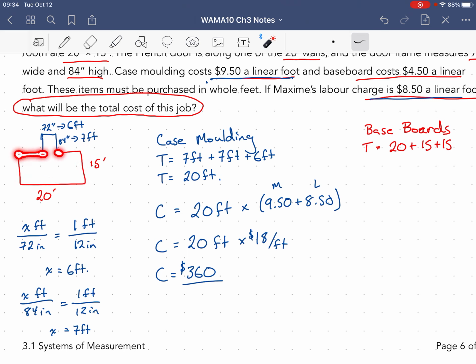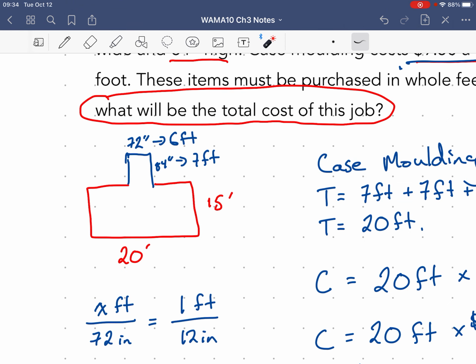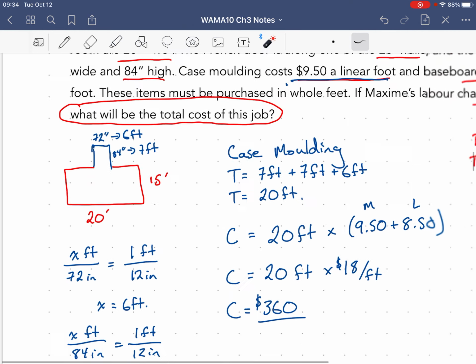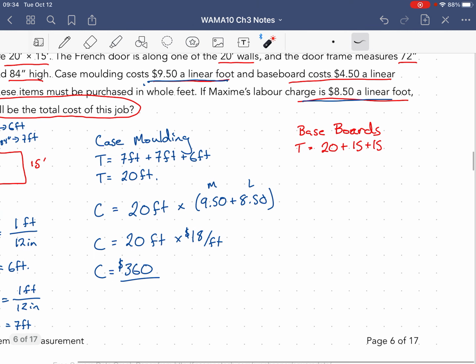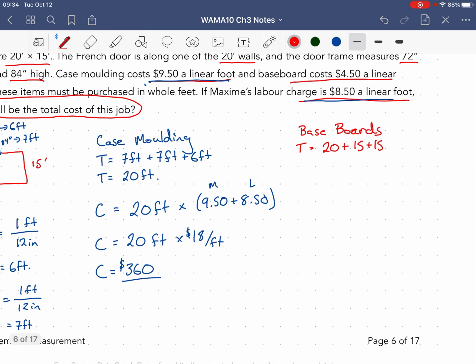And then how much is this side here? Well, it's 20 feet all the way across minus this 6-foot section. So this to here and this to here is a total of 14 feet. So plus 14 feet.